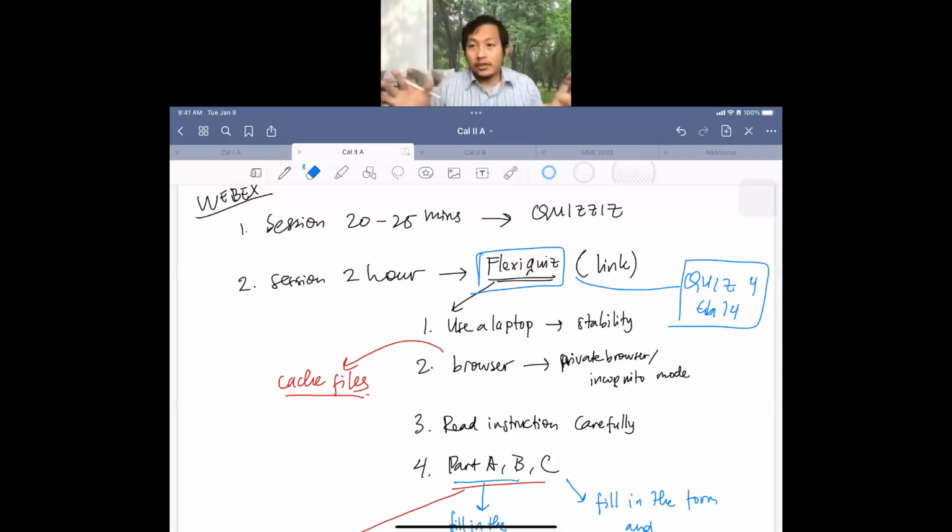You can prepare your notes, everything, calculators, but please work alone. Don't work together. If you are in one room with other students who have the same exam as you, please work alone.